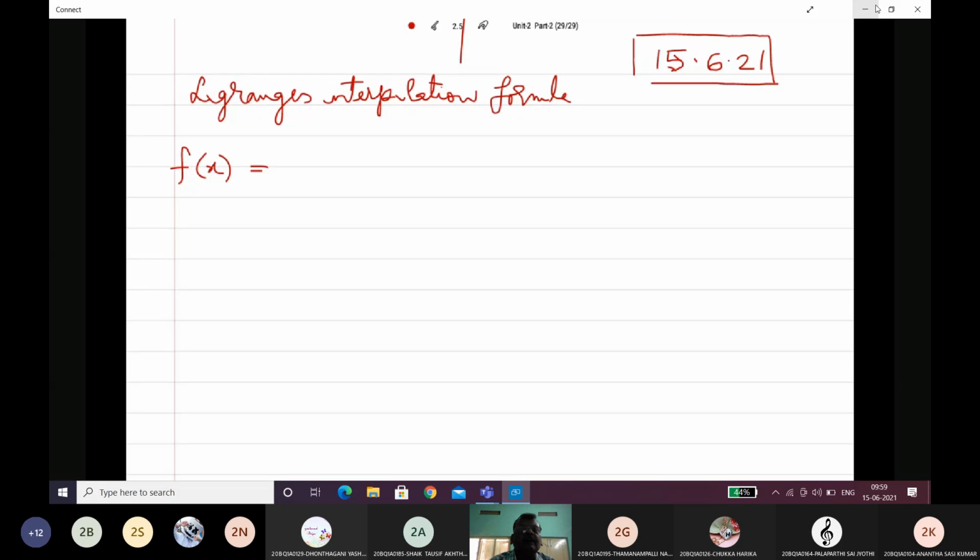First, we have to take the argument x0. So simply we have to ignore that. We should not put x0 in the numerator, and we have to take it in the denominator. That means we have to write, starting with x minus x1 into x minus x2, etc., x minus xn.